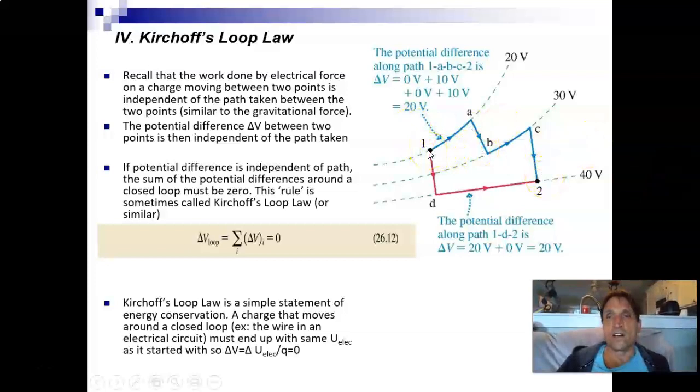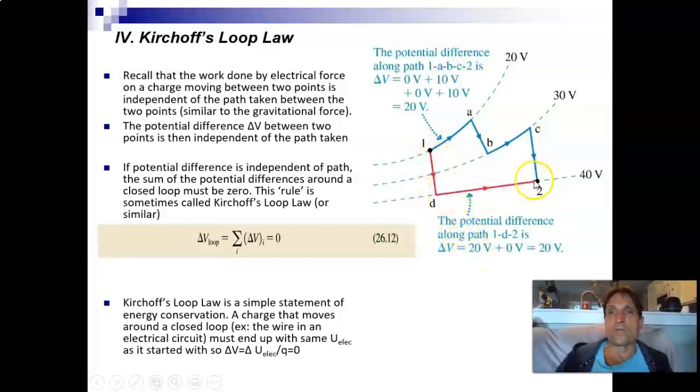Since the work done per unit charge is independent of path, it's the same change in potential taking this other path. We start at 1 and go to point D, where potential goes from 20 to 40, so that's an increase of plus 20.